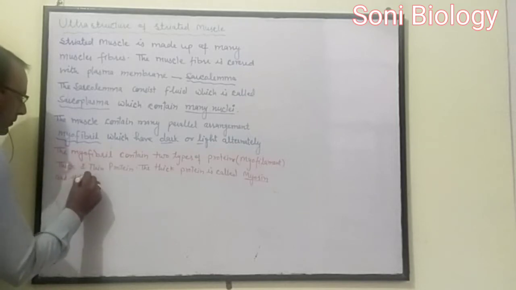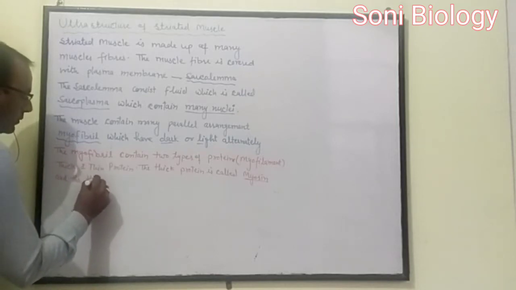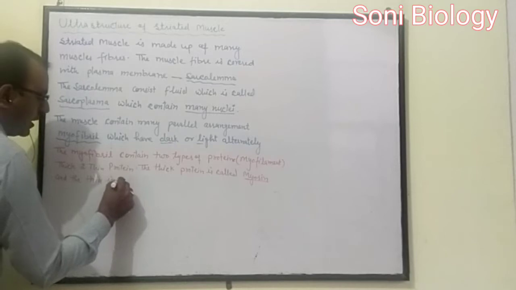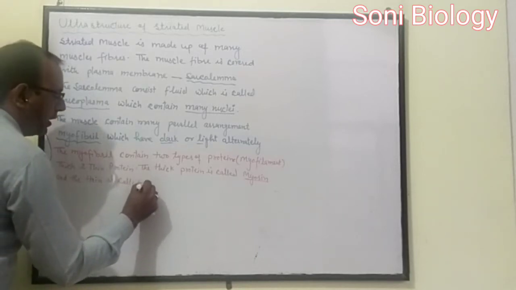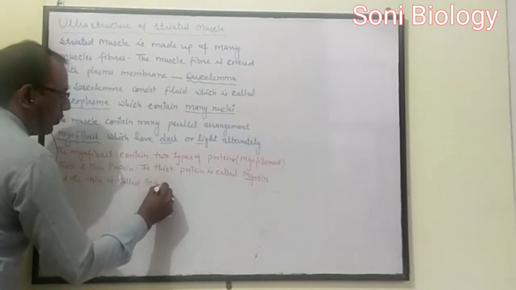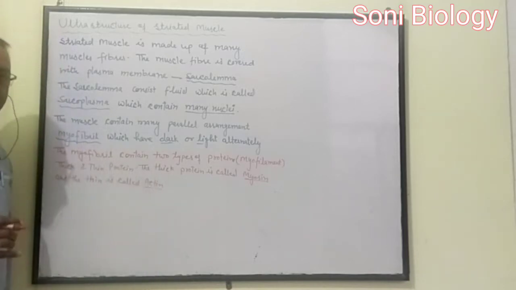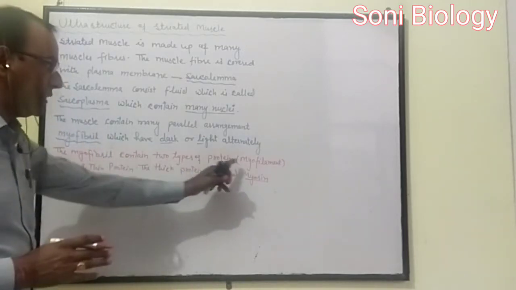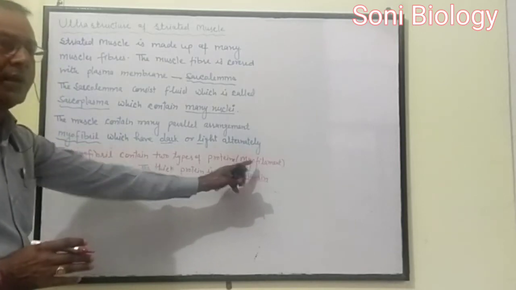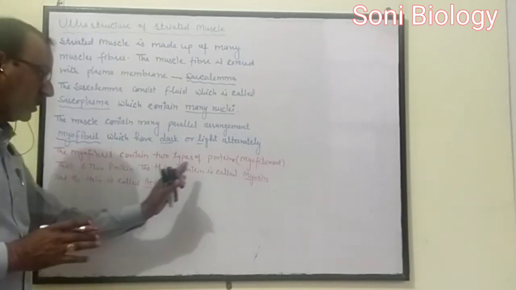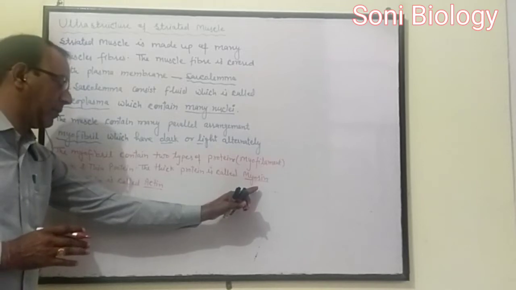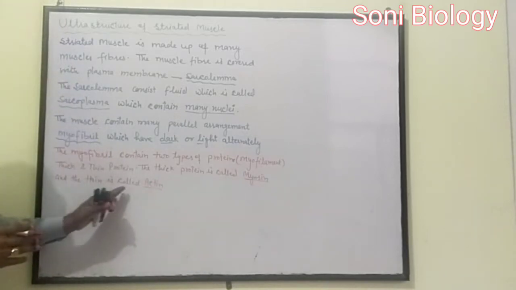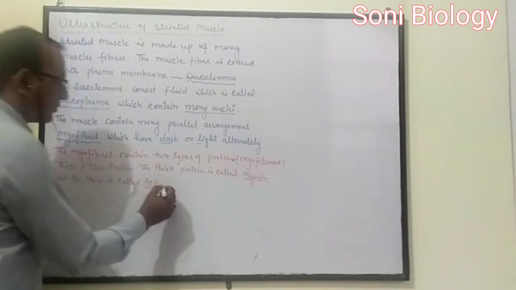So the myofibril is made up of myofilaments, and this myofilament contains two proteins: thick protein, called myosin, and thin protein, called actin.